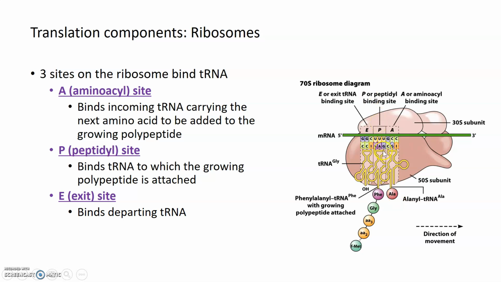The P site is the site that binds to the tRNA containing the growing polypeptide. And the E site is the site that binds to the departing tRNA that's already donated its amino acid to the growing polypeptide and is about to move out. And protein synthesis moves in the same direction as DNA replication and transcription, from 5' to 3'.